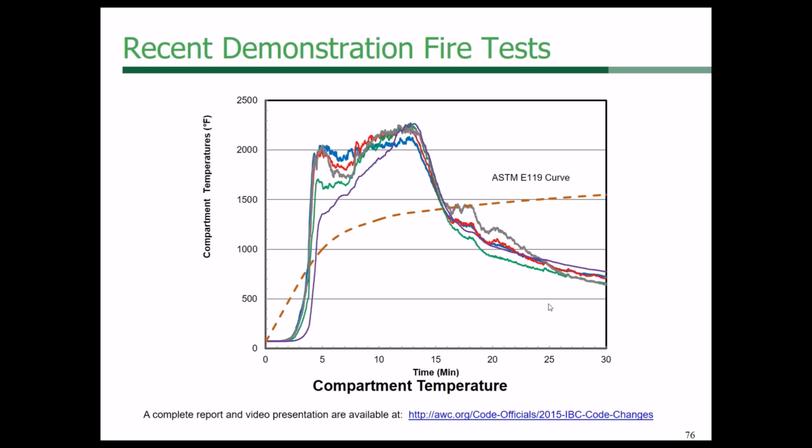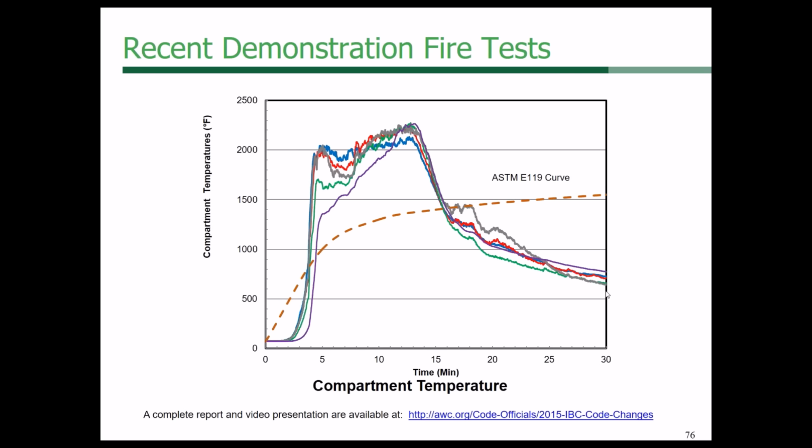And what this shows is, again, time on the horizontal axis, temperature now on the vertical axis, and the heat rose to about 2,000 Fahrenheit in about 4 minutes, and then dropped to about 700 at about 30 minutes.